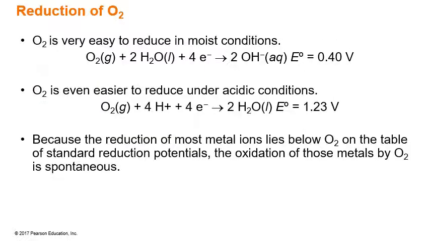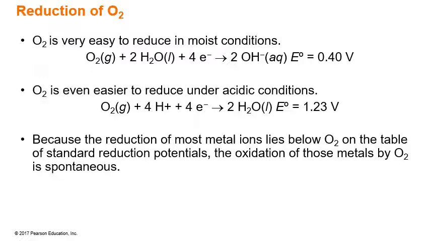And so what happens is we actually get the reduction of oxygen, and it's really easy to reduce in moist conditions. And so we take oxygen, if we have water available, that reduces to hydroxide. And if it's under acidic conditions, so if there's some small amount of acid present, potentially as acid rain, then this happens even easier.